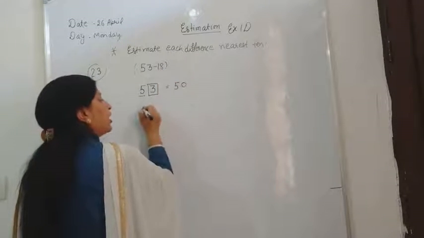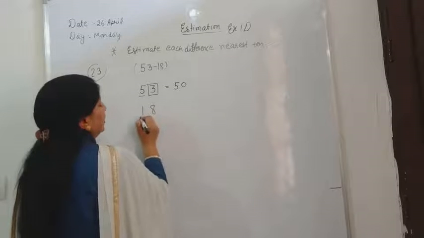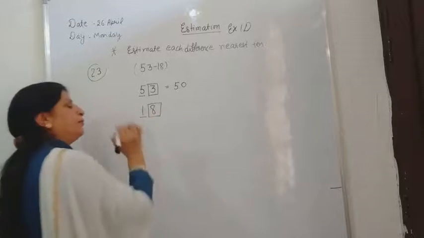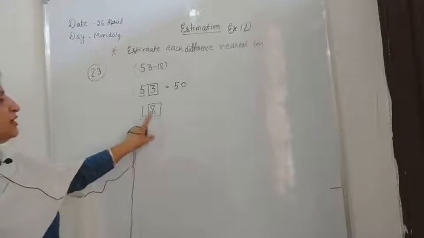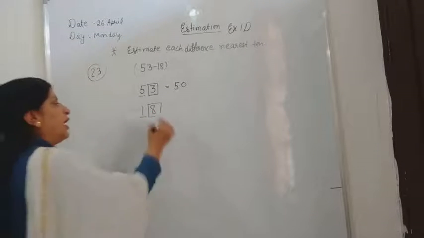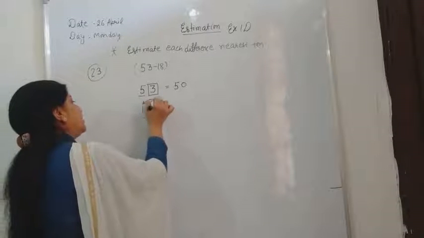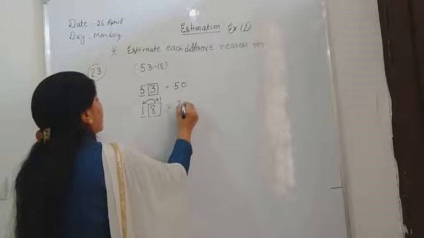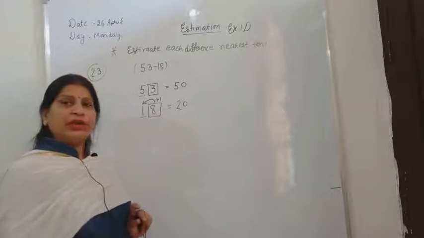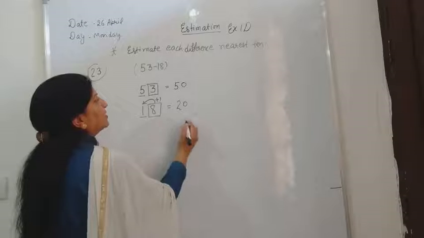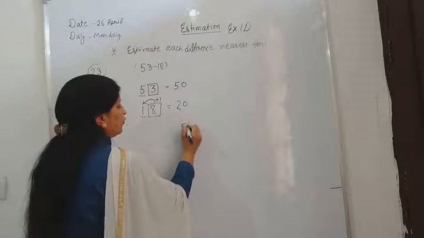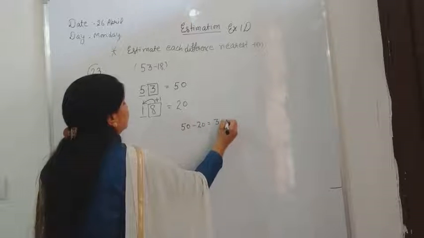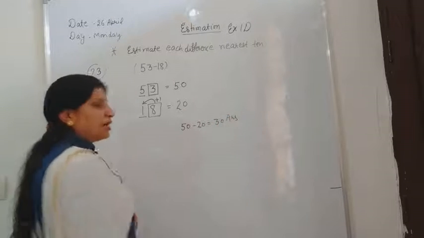Now we take the next number, that is 18. 1 is underlined and at the ones place, the digit 8, we make a box and we see that this number is greater than 5, so we add 1 to this, and after adding our number becomes 20. Now we have to subtract, so we write 50 minus 20, that is equal to 30, and this is your answer. Clear this one?